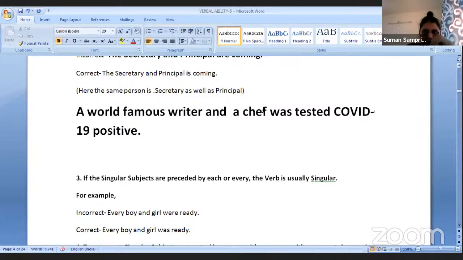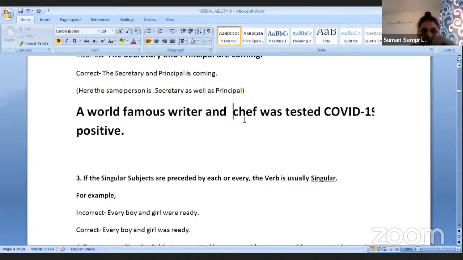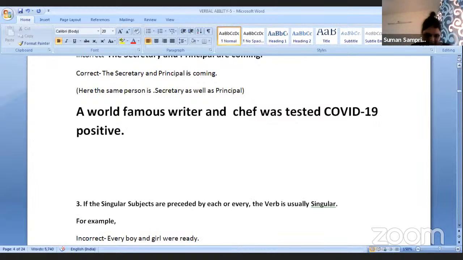Okay, and when you are using this word without the article, we mean कि जो famous writer है वो chef भी है, just like Jamie Oliver. तो ये है बात. Got it? Yeah. So now ये और एक चीज में भी होता है, where I'll tell, slow and steady wins the race. You might have heard about that.